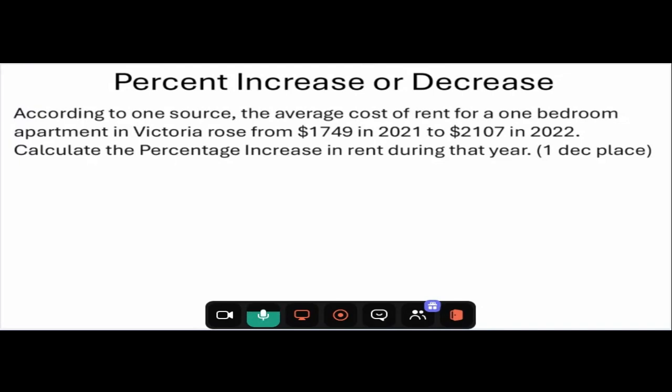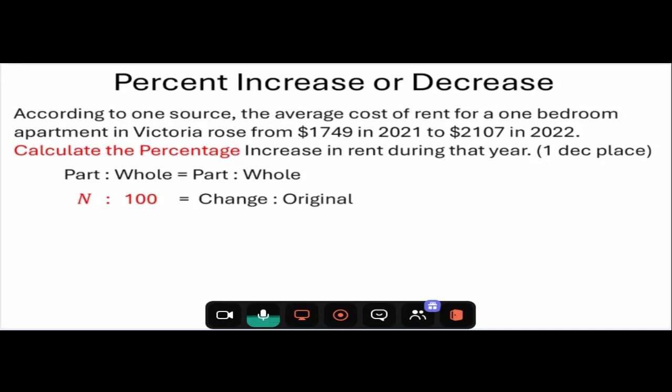All right, so let's give this a try. We want to use our new setup. Part to whole is what we do for all the percentage questions, but for the percent increase questions, we want to find the percentage, so n to 100. So again, we identify that percent first, which in this case is an unknown number.